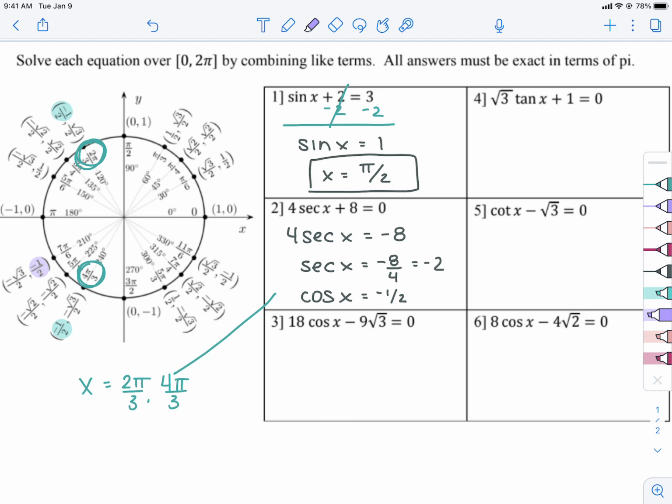Yes, I did, because remember, sine is your y coordinate and cosine is your x coordinate. That was a good question. That's why those other negative 1/2 don't count. So anytime, remember, when I'm looking at my unit circle, my x values are cosine, my y values are sine, and my y values divided by my x values give me tangent.